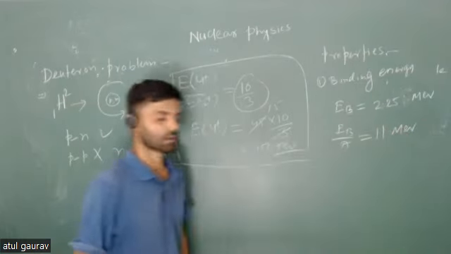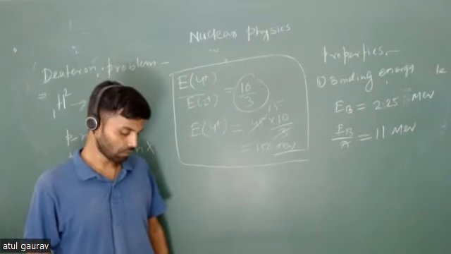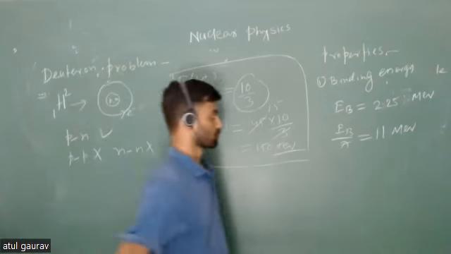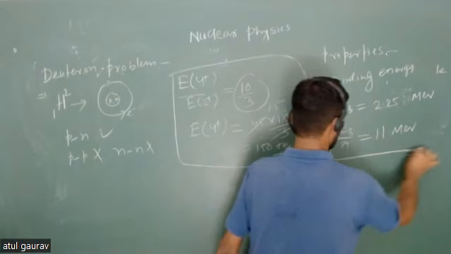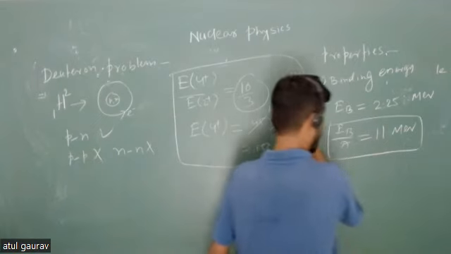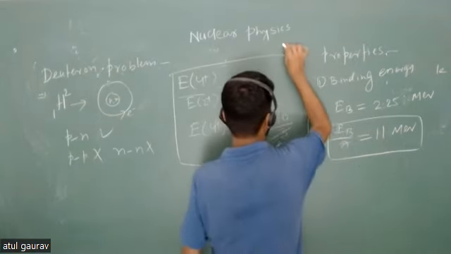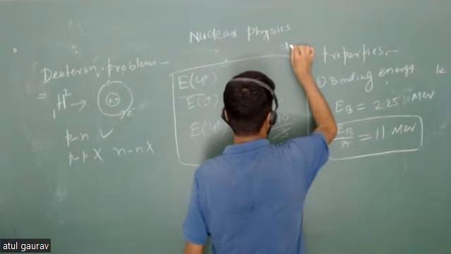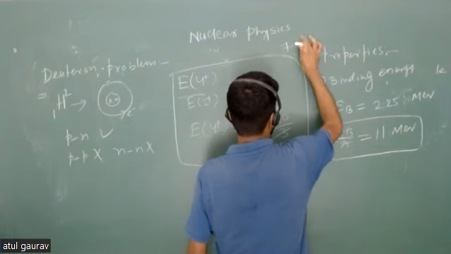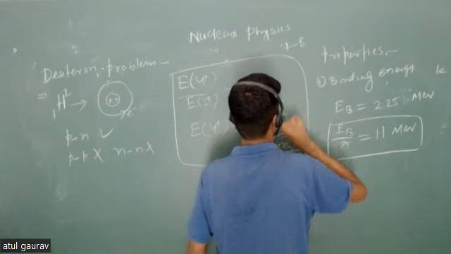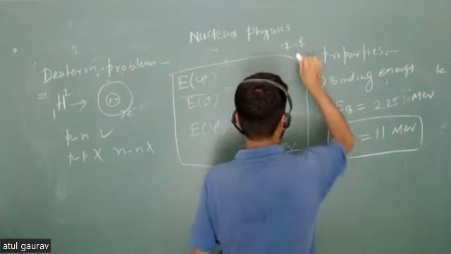What does it mean? It is highly stable. Low stable, sir? Exactly. For highly stable, you need to have that binding energy per nucleon around 7 to 8. Yes, that's what I'm writing.